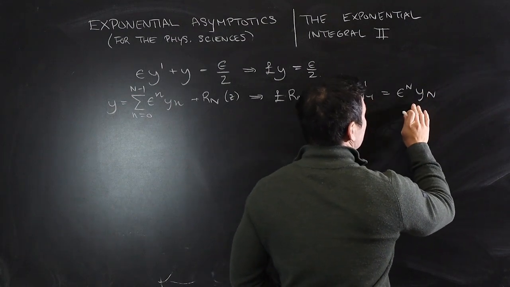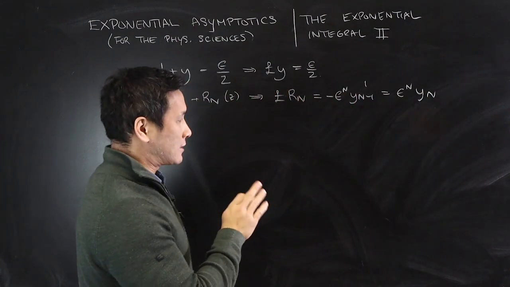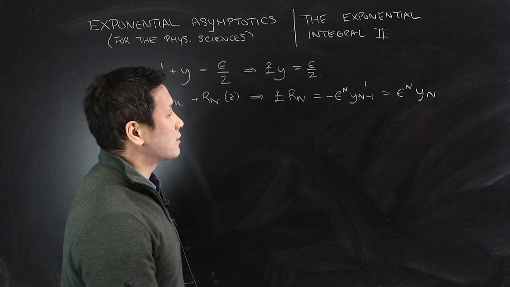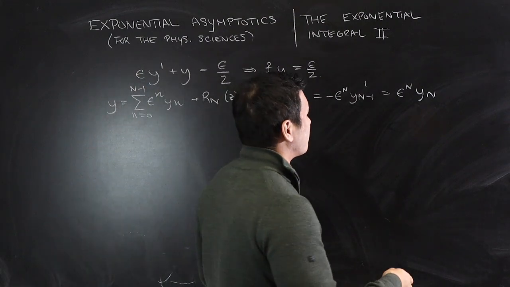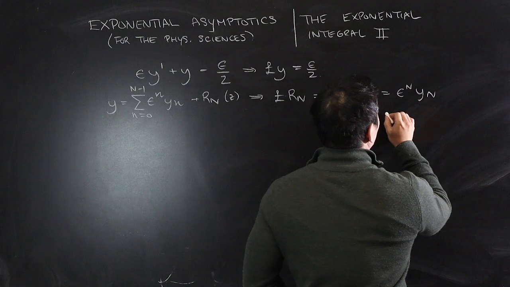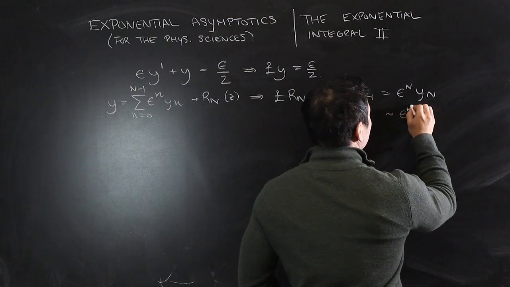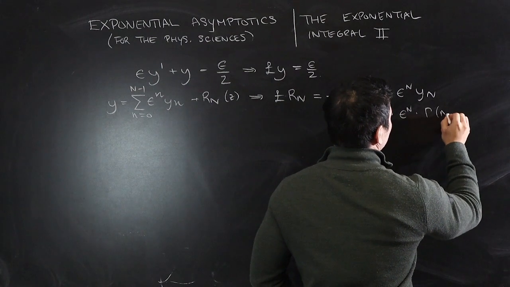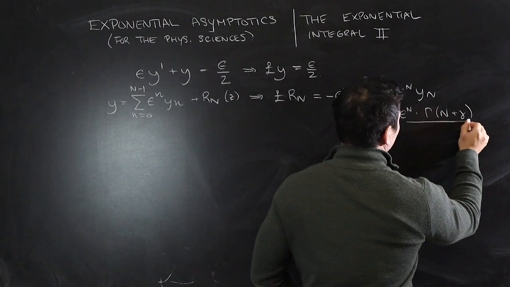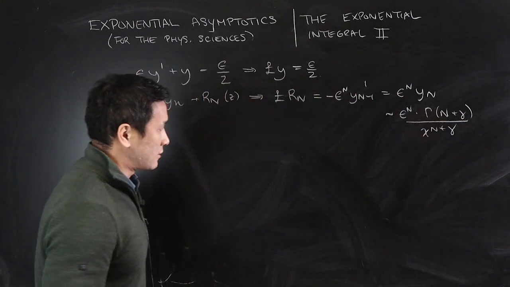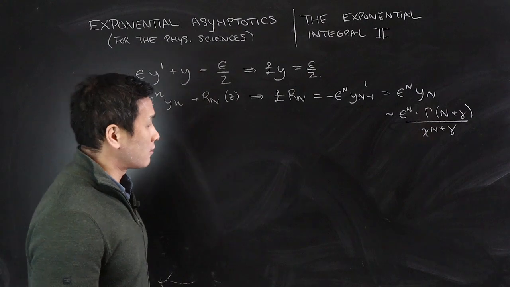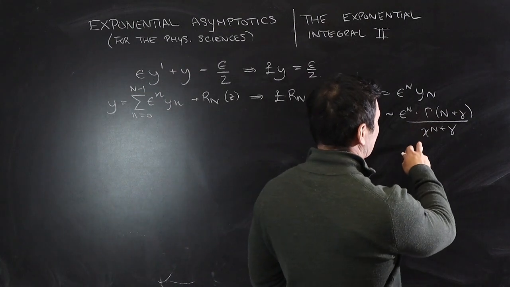Now, in this problem, in the exponential integral, you know exactly how that term diverges for all N. In fact, you have the exact relationship. But you only really need an estimate, and for this problem, I'm going to write it as this. Now, I'm going to come back to this notation often for other problems in exponential asymptotics.